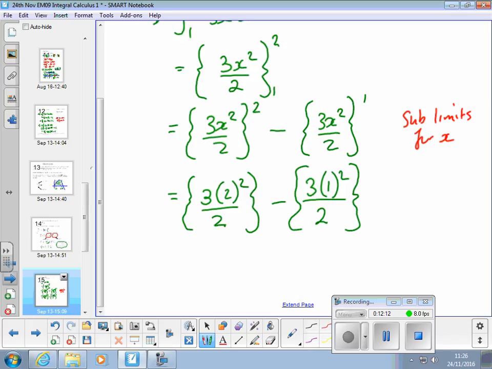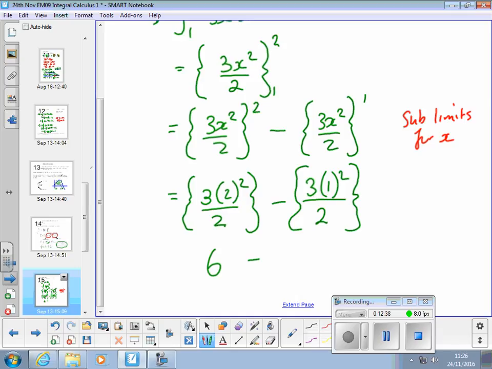And evaluate each of those with your calculator. 2 squared is 4, times 3 is 12, divided by 2 is 6. Everyone agree? Got to square first, remember. Got to do the square one first.